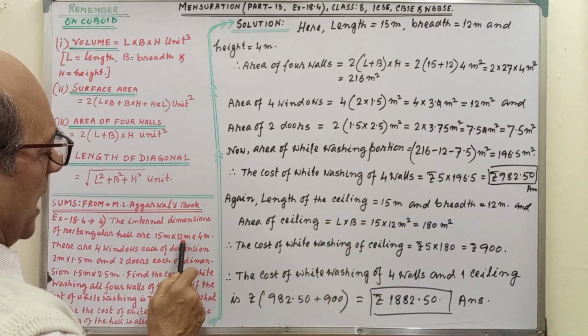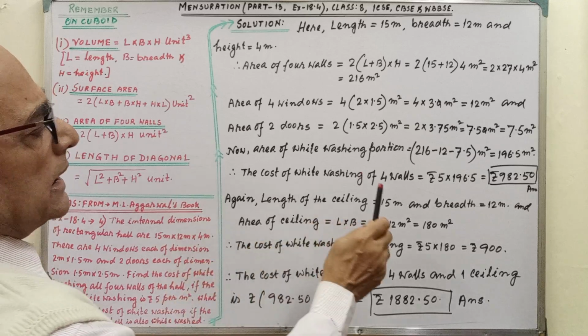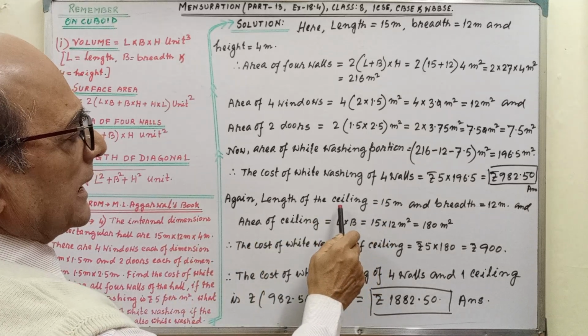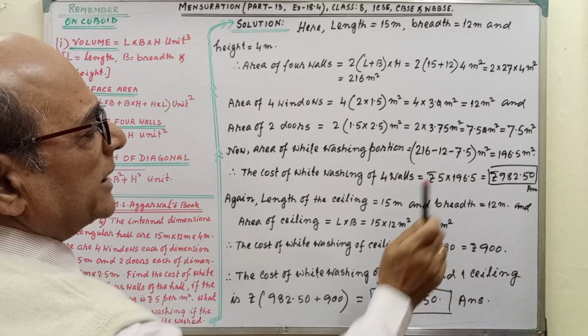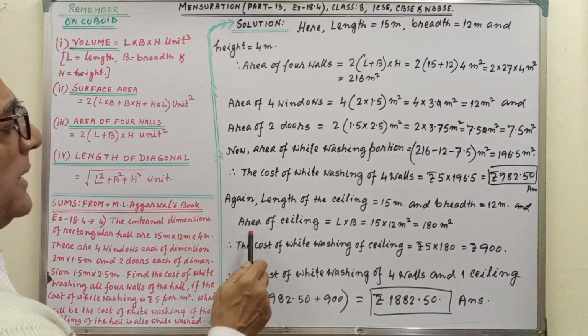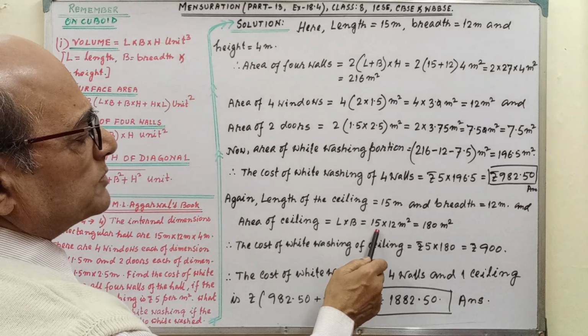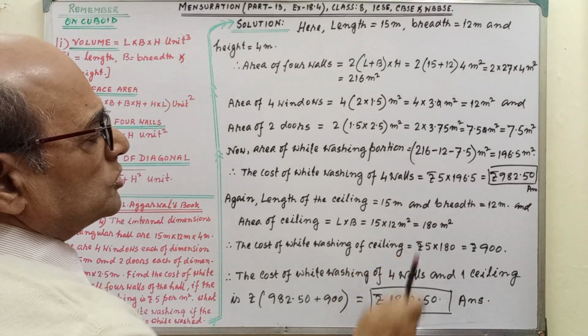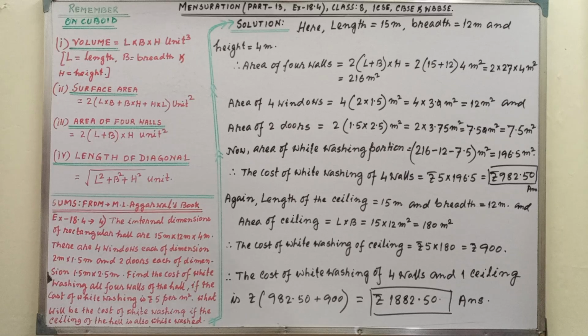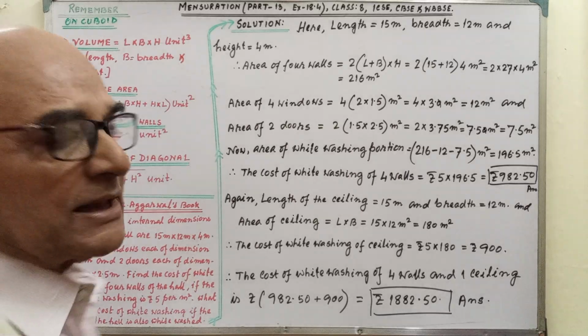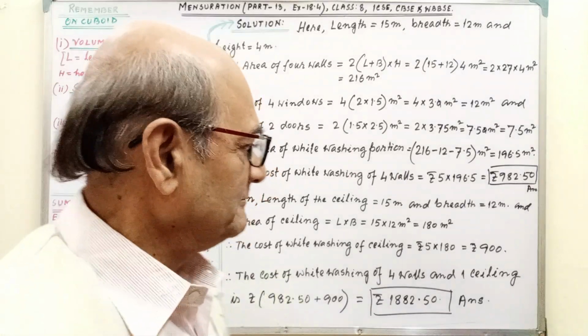The dimension of the hall will be the length and breadth of the ceiling, and area of the ceiling is length into breadth. By putting the values 15 into 12, by calculation it is coming 180 meter square, that is the area of the ceiling.